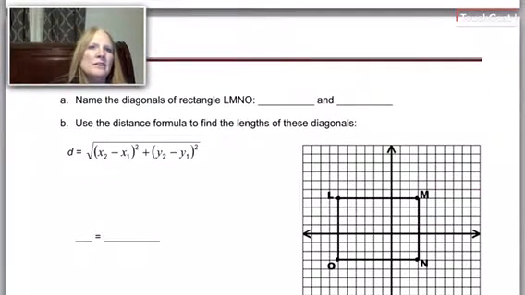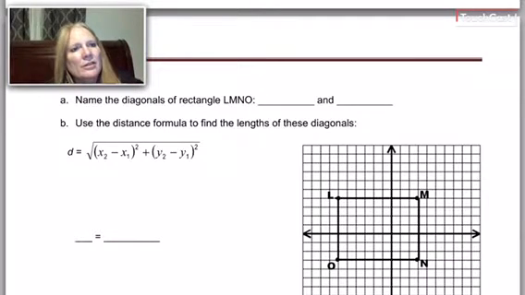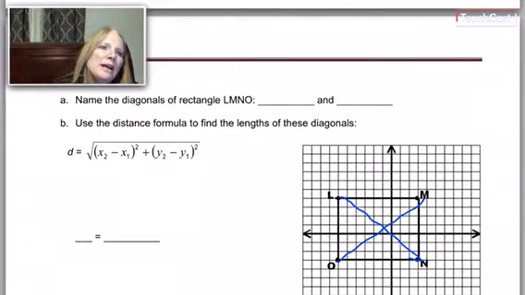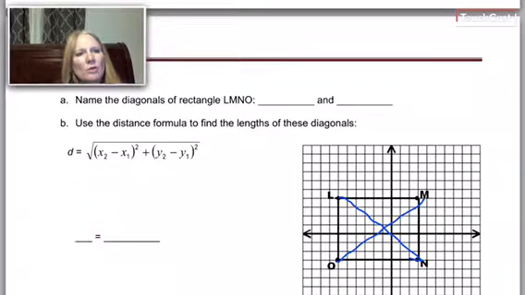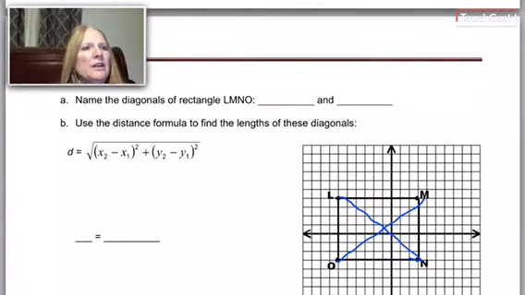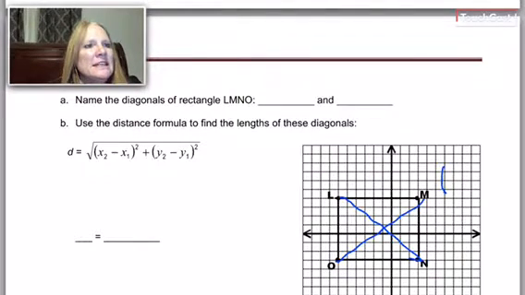Okay? So next, let's look at a couple of these diagonals. And we're going to talk about the diagonal of the rectangle LMNO. So we have this diagonal as well as this one. There's a couple ways that we can compare the lengths of those. We can use the distance formula, or we could use the Pythagorean theorem. We're going to use the distance formula here. So we're going to look at this point, M, and so we need to give the coordinates.